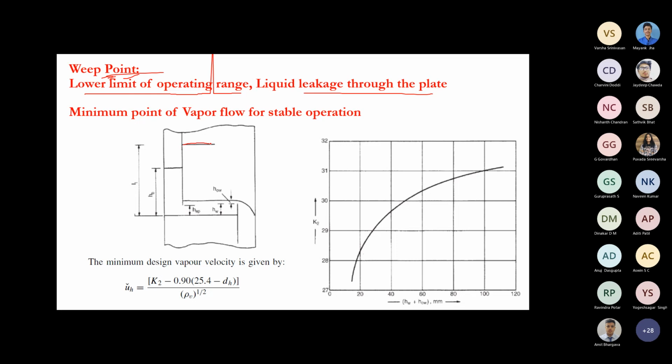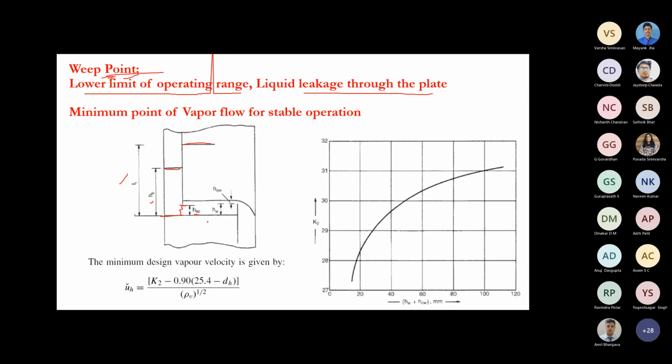These are all the things that we know. This is your tray spacing, between two trays. This HB is the downcomer backup, the amount of liquid height in the downcomer. This is HAP, the apron clearance, that is the gap between the bottom edge of the apron plate and the tray.